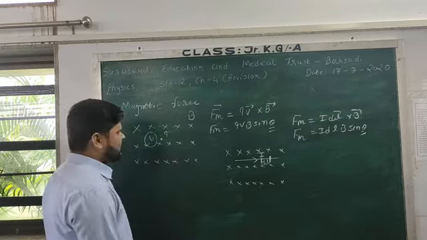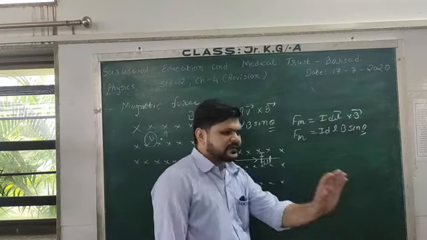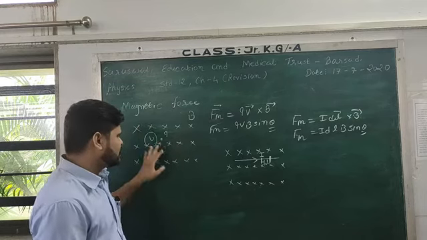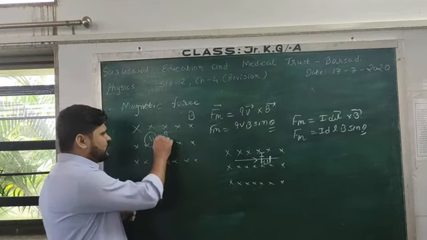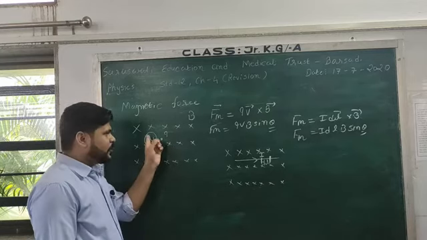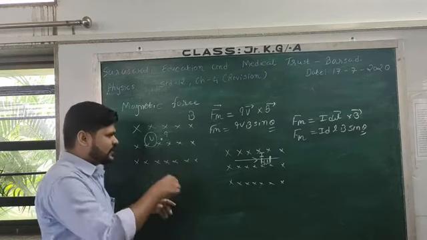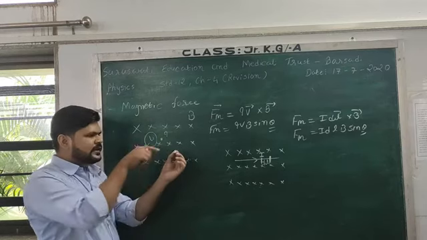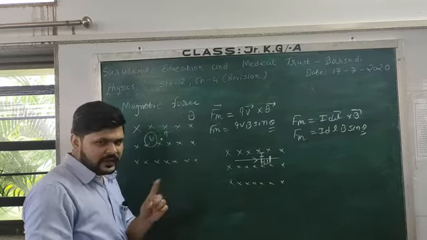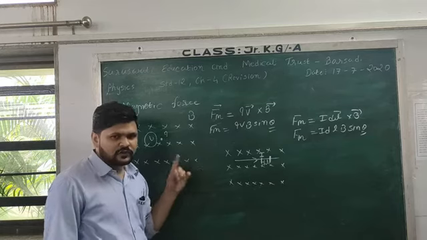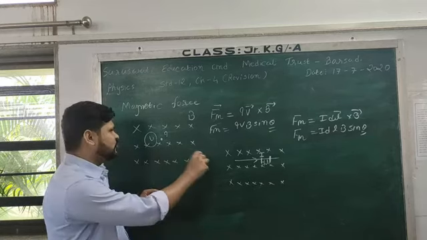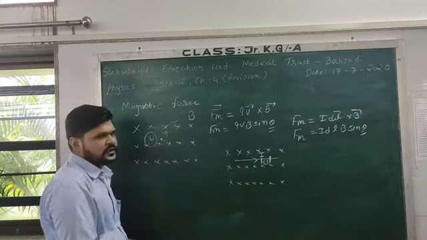Now there is another topic, the cyclotron. Its principle is based on this theory: if charge Q enters the region perpendicular to the magnetic field, say the magnetic field is inside and the charge enters like this, then some magnetic force is generated on the charge, and due to that the charge will be in uniform circular motion.